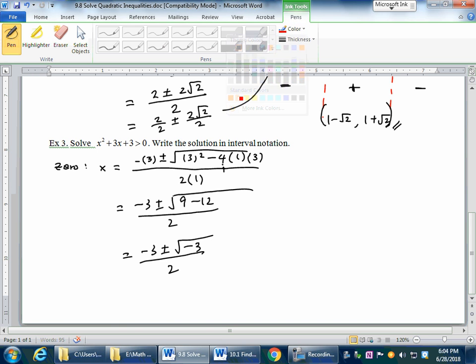Notice that under the square root is a negative. This indicates that you have what? Complex numbers. This means no real 0, because we cannot get a real number 0. So what does that mean?